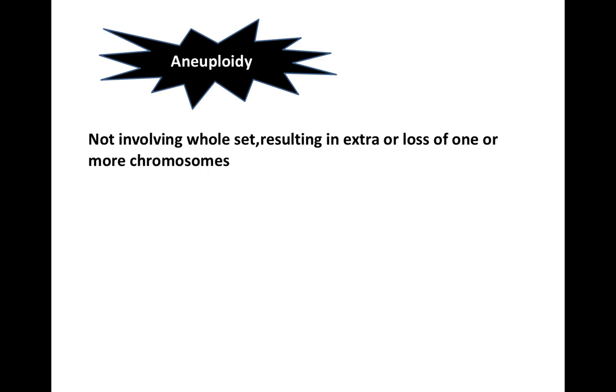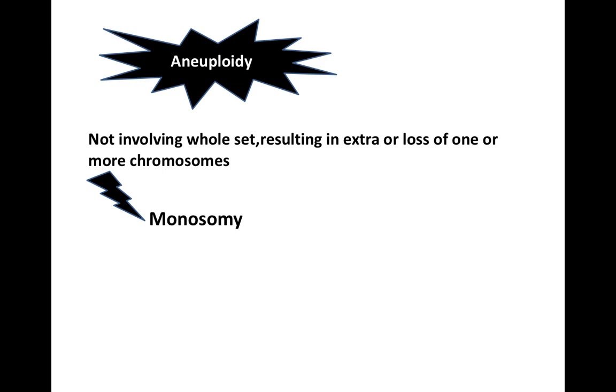So aneuploidy is not a complete set, but there is an extra or loss of one or more chromosomes, and it does not involve the whole set of chromosomes. So it's not like polyploidy.